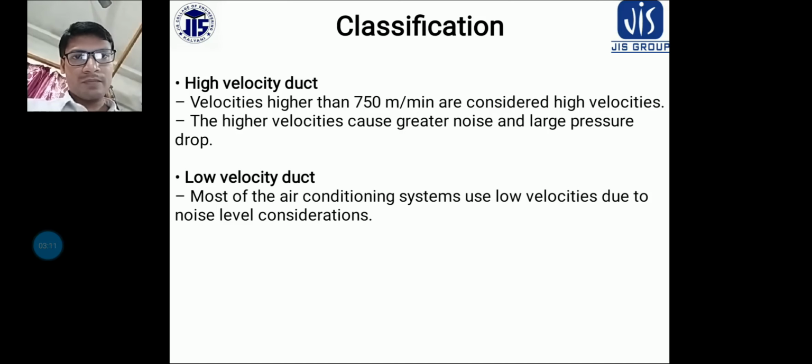Okay, in case of low velocity duct, most of the air conditioning systems use low velocity duct due to noise level consideration.